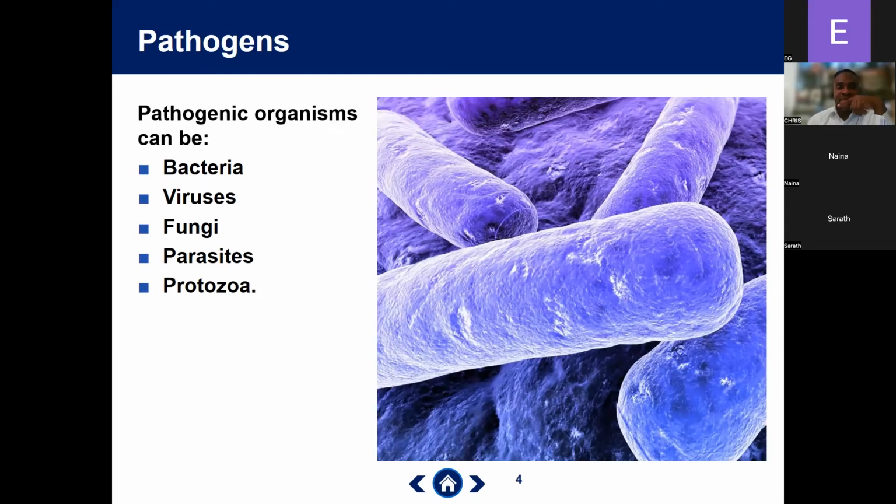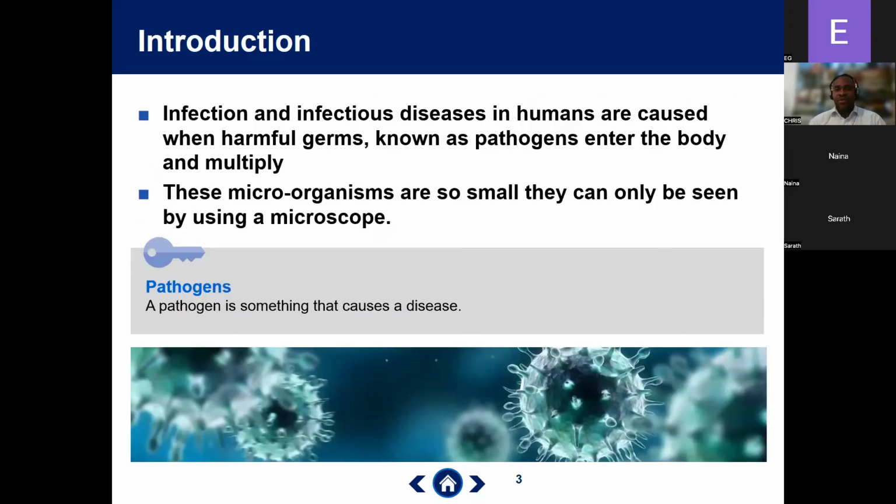Pathogenic organisms can be either bacteria or viruses, like we saw with what happened during the last pandemic, or fungi, or parasites, or protozoa. Any of these are pathogenic organisms which cause disease. Yeah?